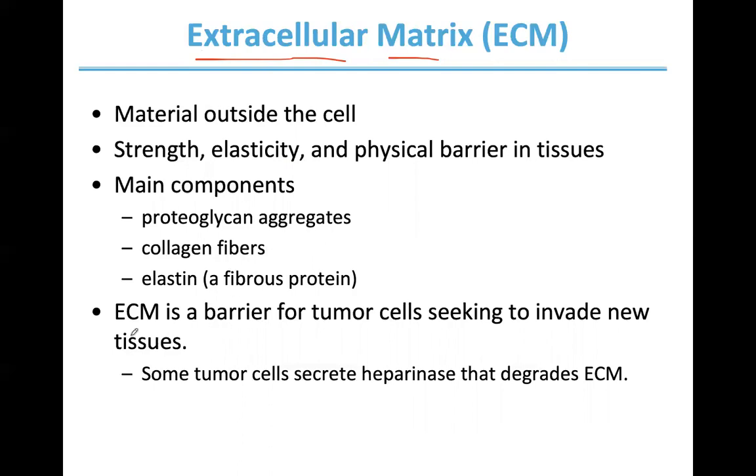And also keep in mind, ECM, again, is extracellular matrix, right? Keep in mind that extracellular matrix represents a barrier, for example, for tumor cells seeking to invade new tissues. So when a tumor cell is ready to detach from a tumor and go seek other places to metastasize and start a new growth, cancer cells have to overcome the extracellular matrix.